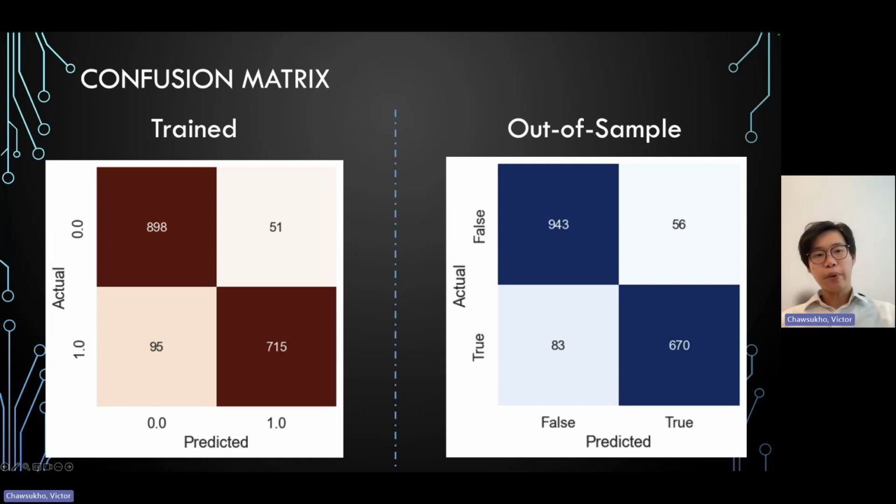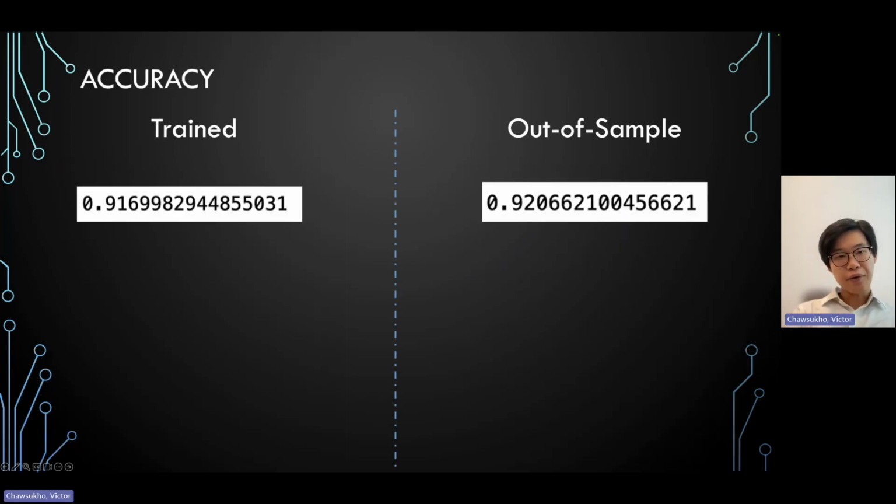Okay, so let's compare the results a bit. In general, the results are pretty much aligned. We have a lot of true positives and true negatives in the confusion matrix. The accuracy is slightly different, but still good.